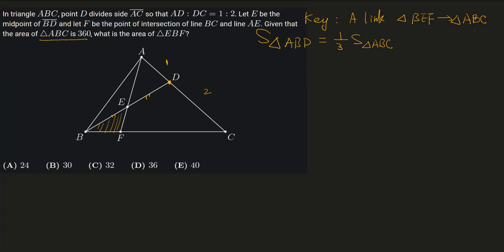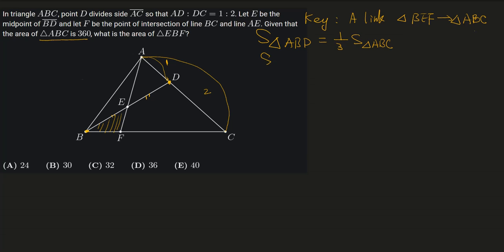Because if we use this segment AD as the base for the smaller triangle ABD, and use the line segment AC as the base for the triangle ABC, then they are sharing the same height. That is the distance from point B to the line AC, right? So that's quite straightforward.